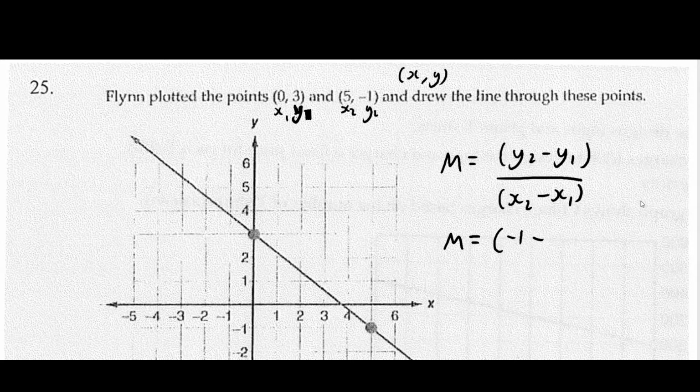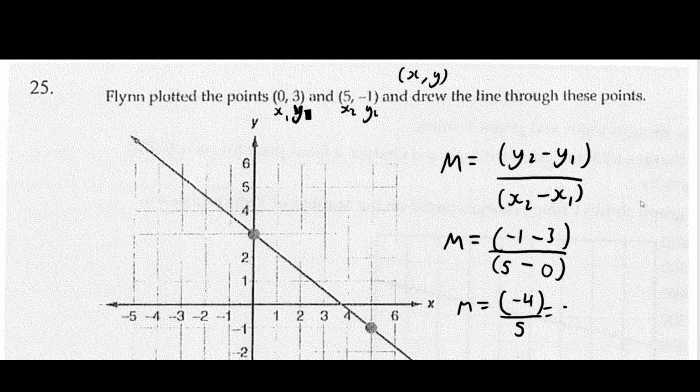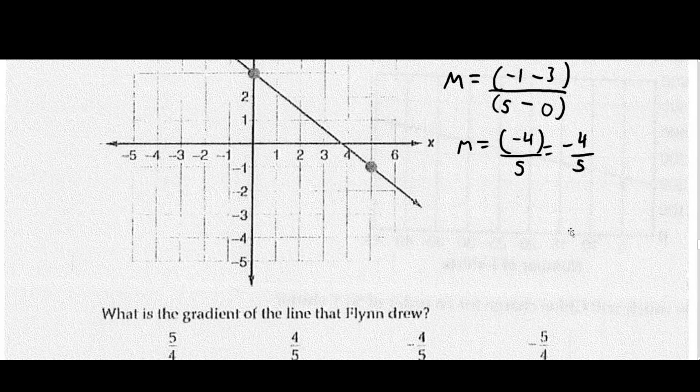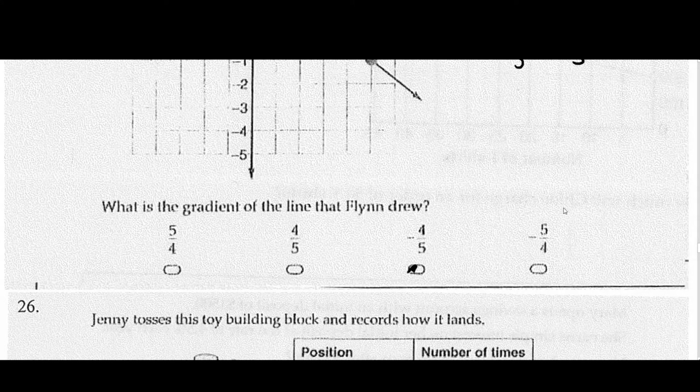So y2, -1, take y1, which is 3, over x2, which is 5, take x1, which is 0. Your gradient is -1 take 3, which is -4, over 5 take nothing. That's -4 over 5.